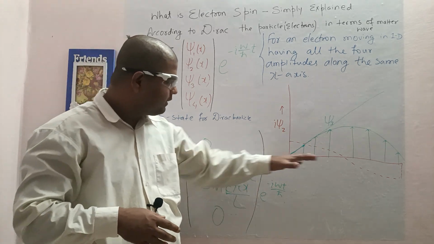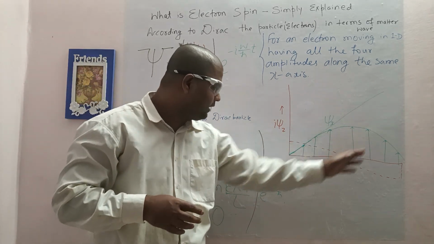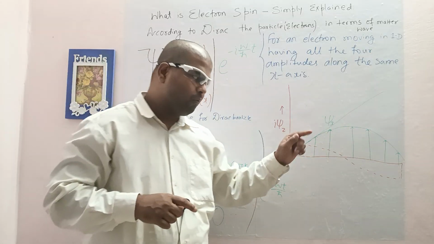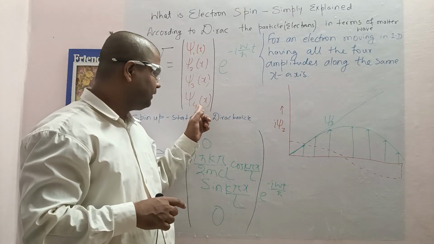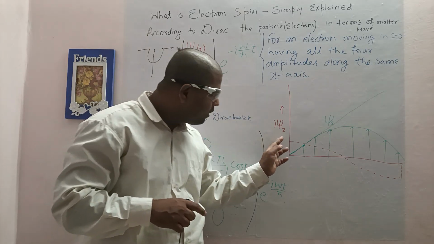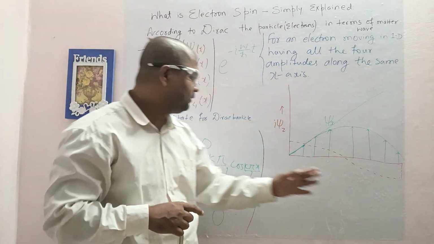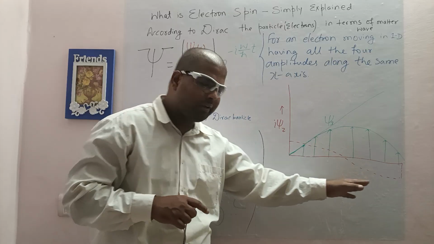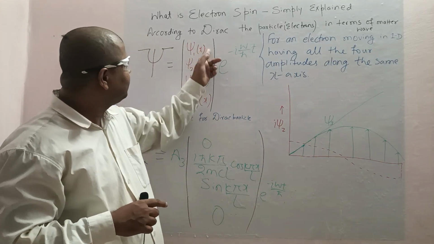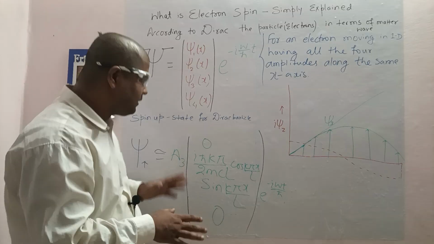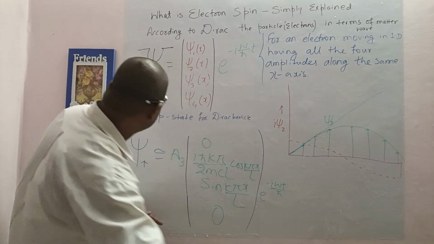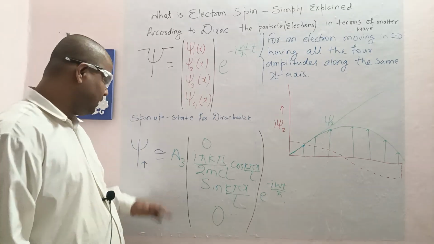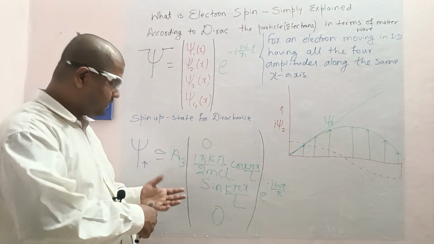And this is shown here in this graph. Earlier, the bigger red amplitude was for this, and the smaller green amplitude was plotted over the green wave. Now, let me write this: this is a spin up state.